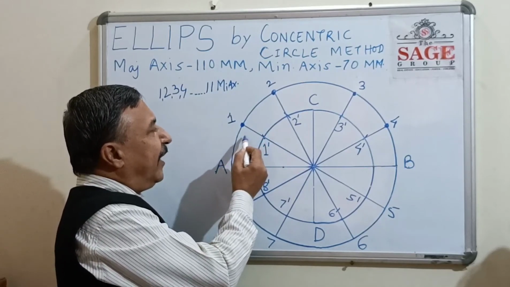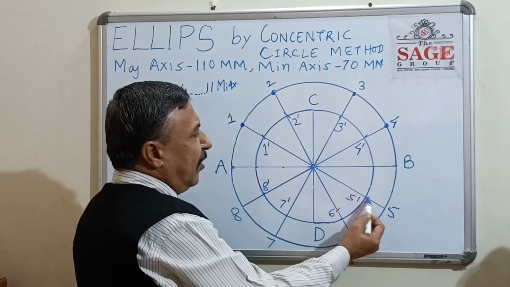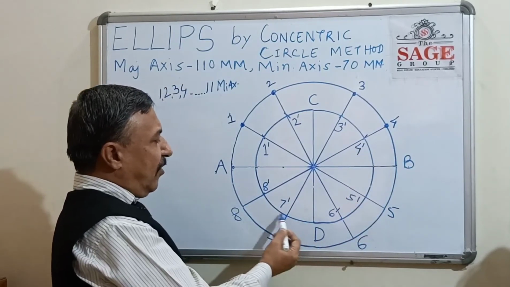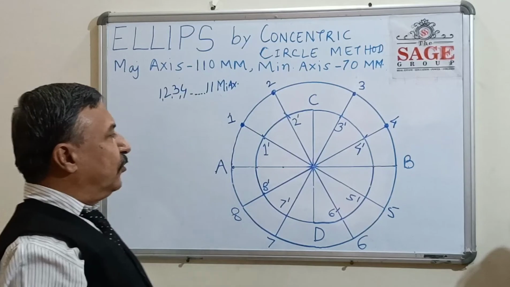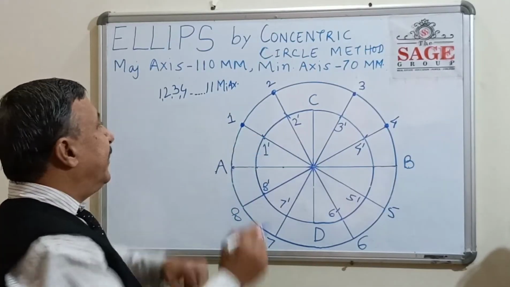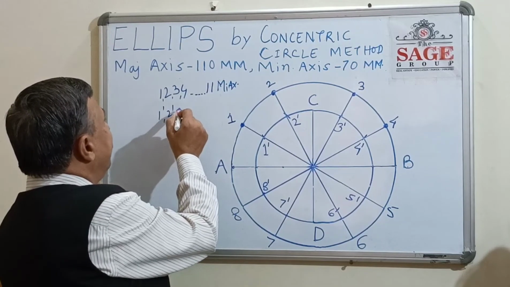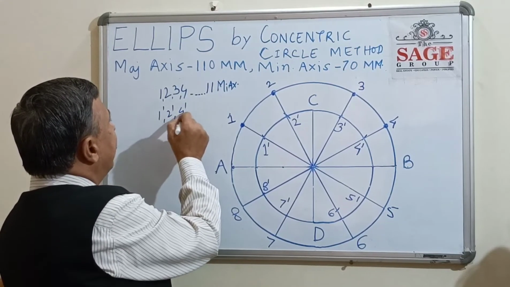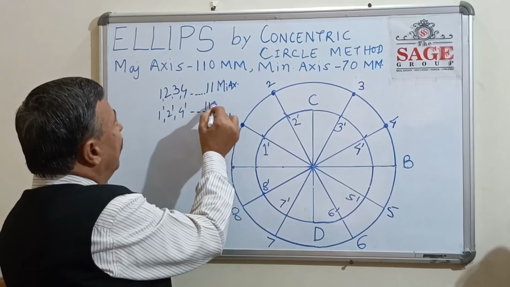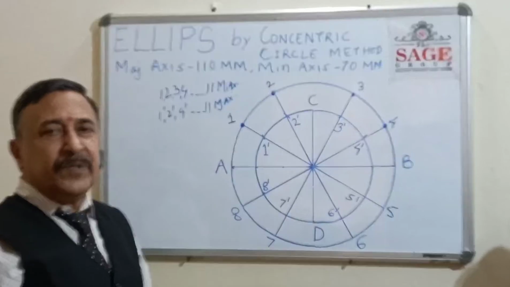So horizontal line, horizontal line, and so on. Through these points we have to draw lines horizontal, that is parallel to the major axis. Okay.